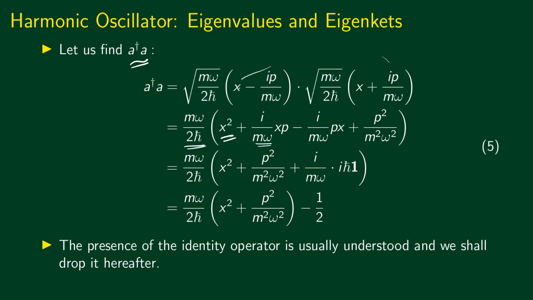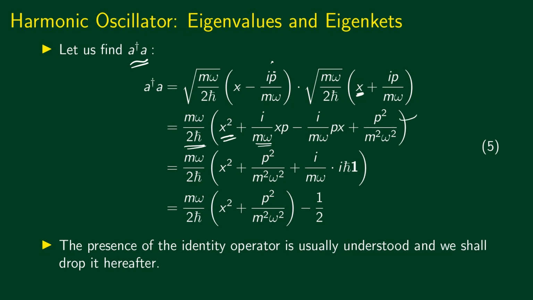The next term is the multiplication of the second term here with the first term here, which is minus i divided by m omega multiplied by px. The final term is p square divided by m square omega square, because minus i multiplied by plus i is 1, and the rest of it is p square divided by m square omega square.